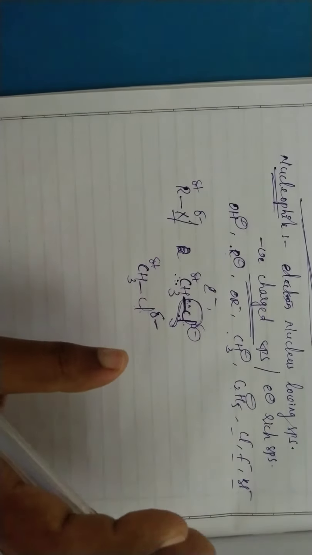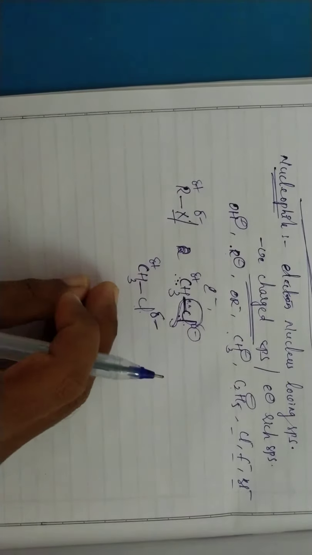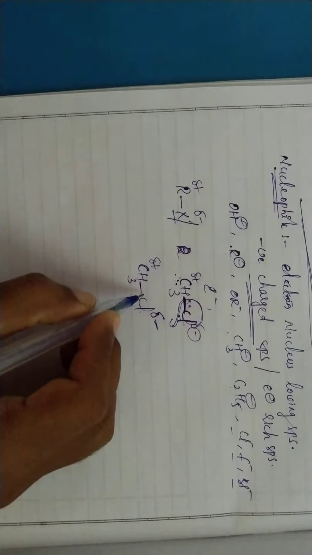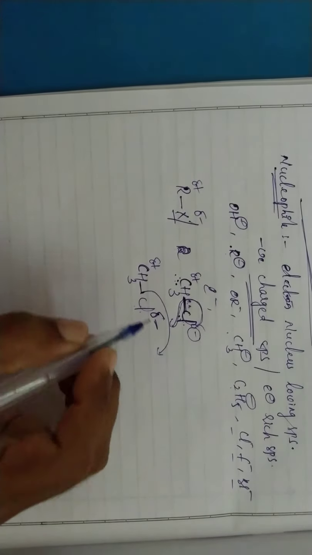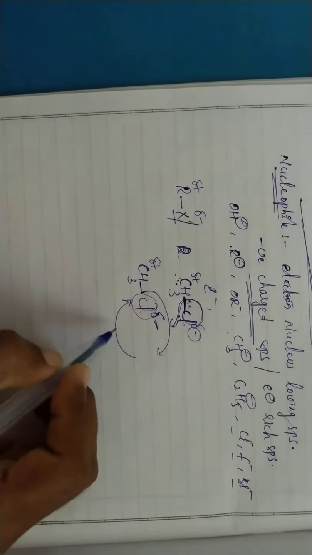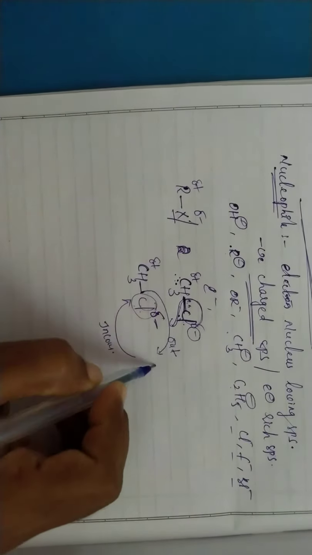Substitution means one group goes out, and in the place of that group another group comes and sits. That means here this chlorine is going out, and in the place of chlorine another group will come. It is called the incoming group and the outgoing group.